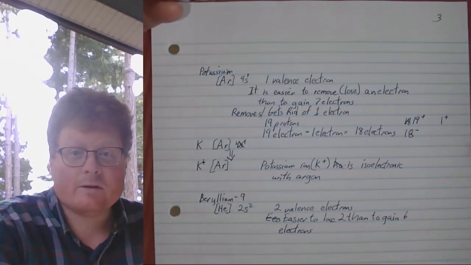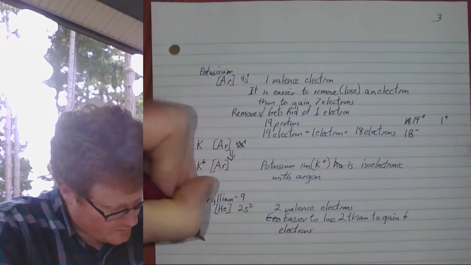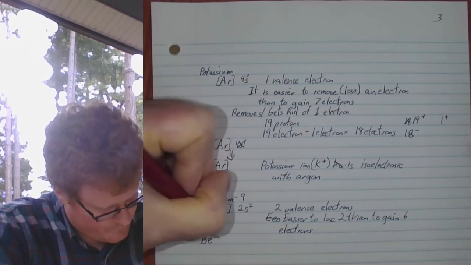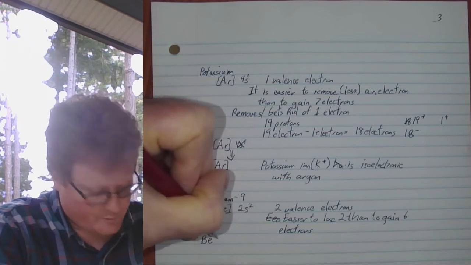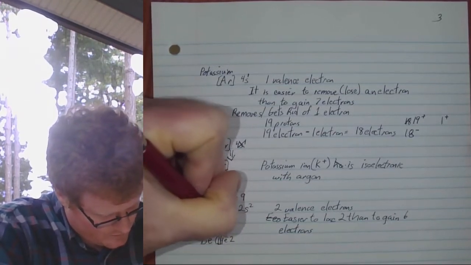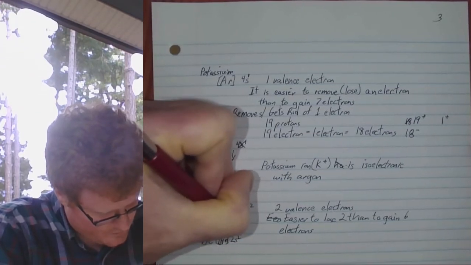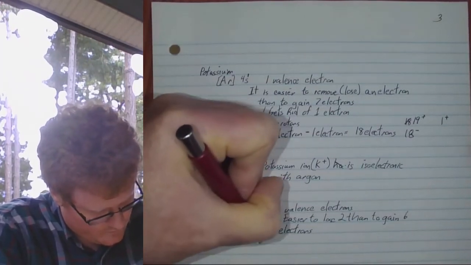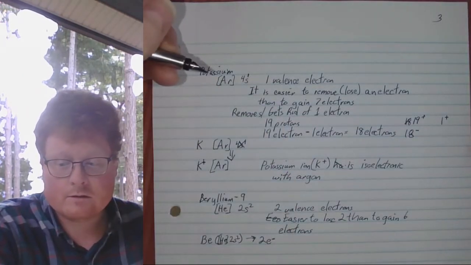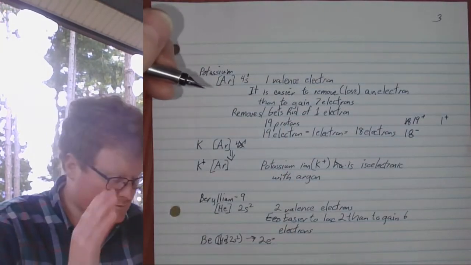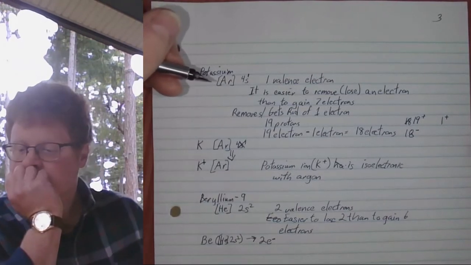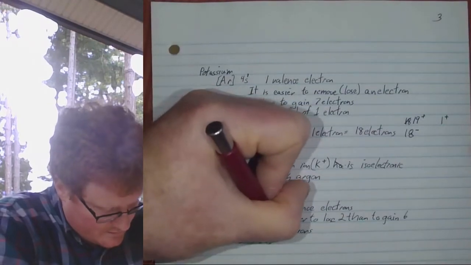So what ends up happening is it goes from beryllium with He 2s2 to 2 electrons that it's releasing.